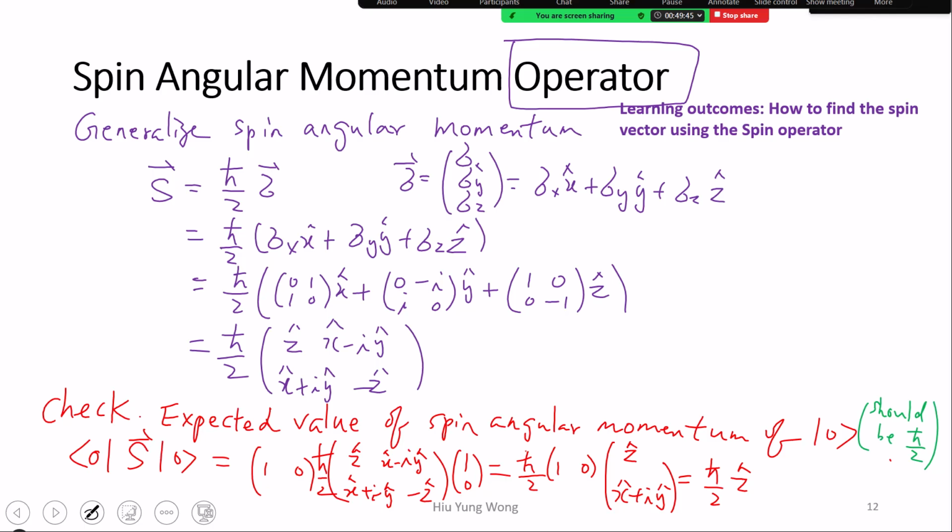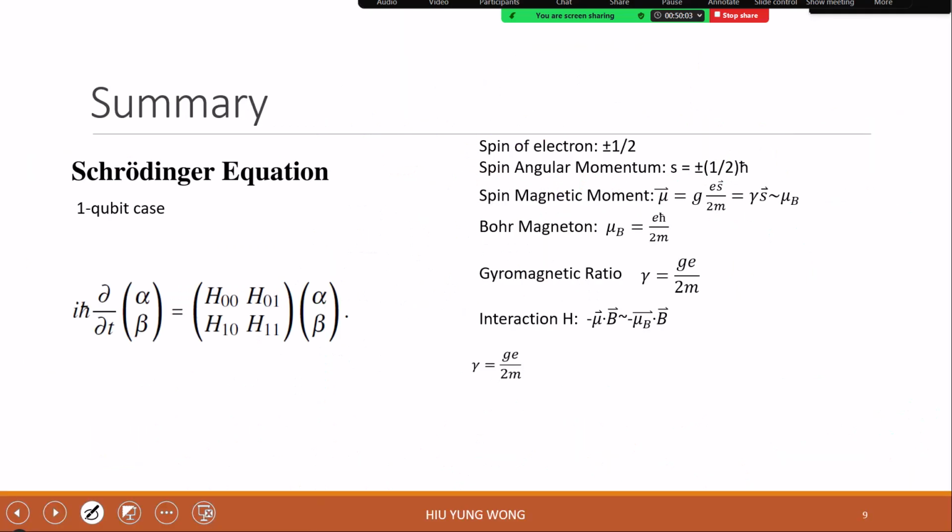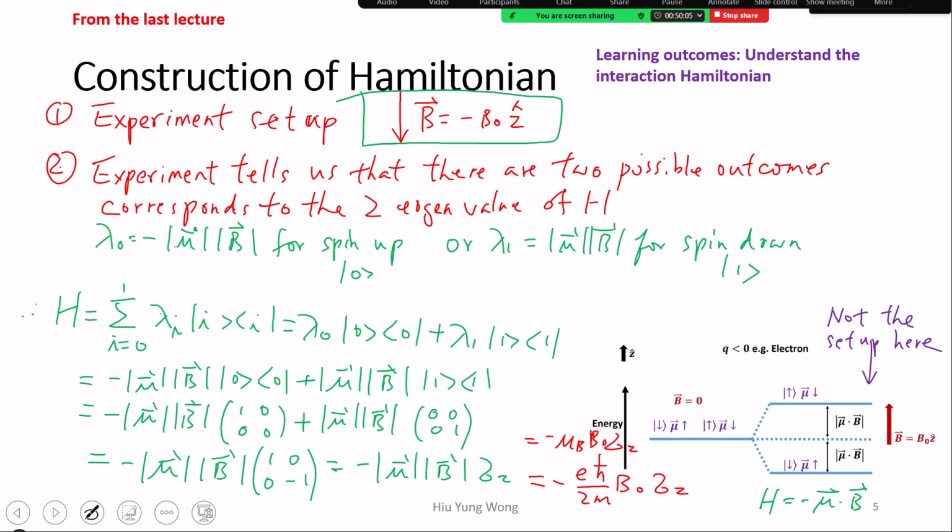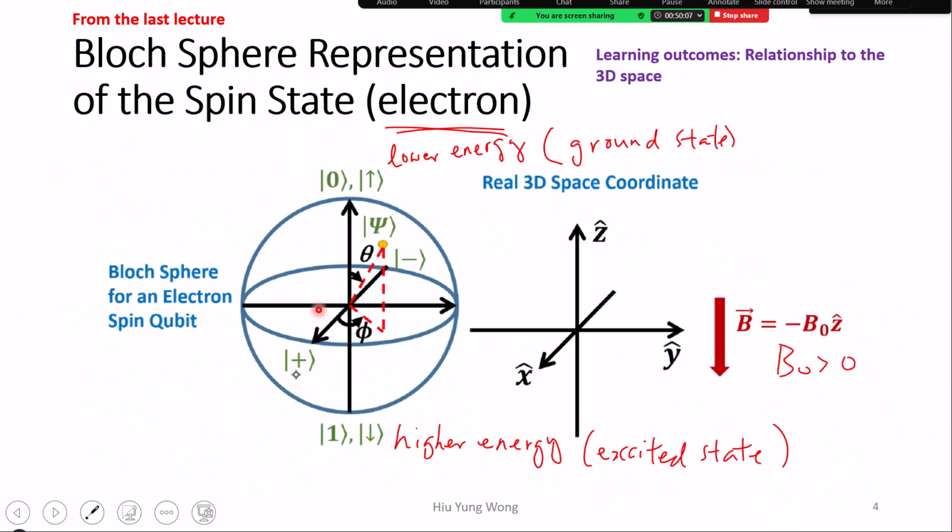So from here, maybe you go back and do an exercise. It's not in the assignment, but do an exercise. Find out what the expectation is for the plus state. So basically, what is the expectation value? If I ask you what is the spin angular momentum of this state, what do you guess?